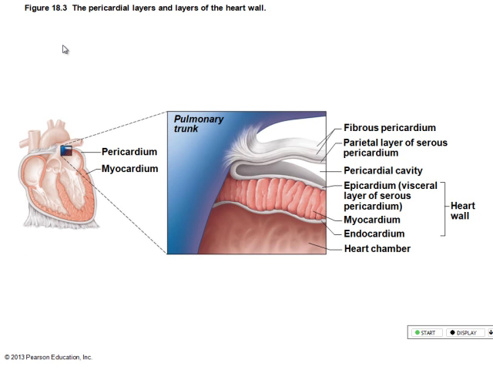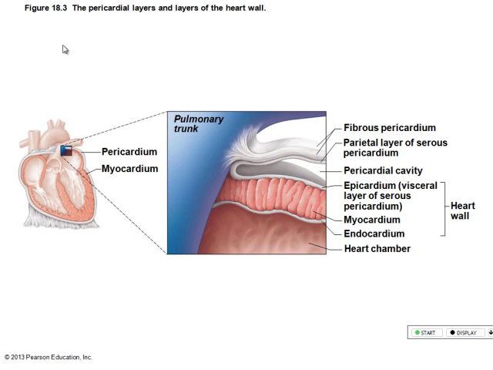So when we take a close look at the pericardium, it's got a couple of different layers. And the layers are fibrous, parietal. What's parietal versus visceral? These you should know. Visceral sits on the organ, parietal lines the cavity.